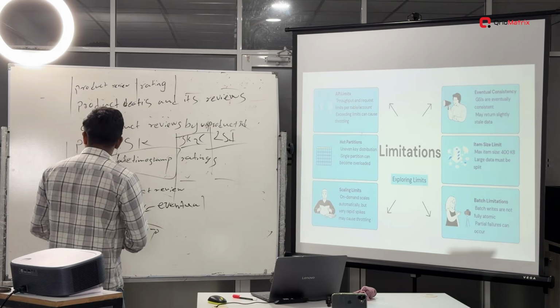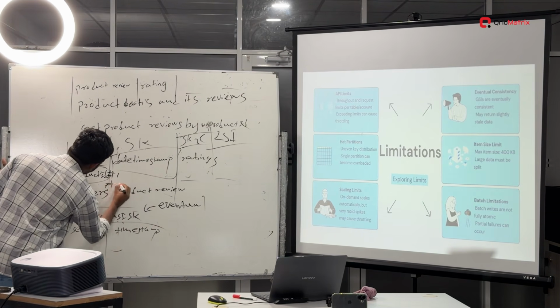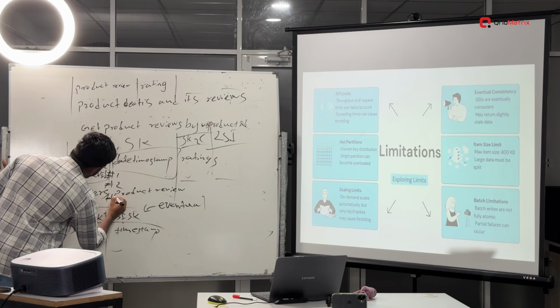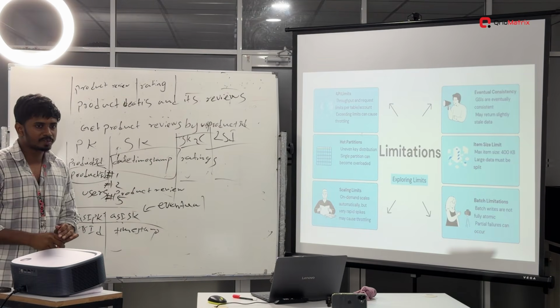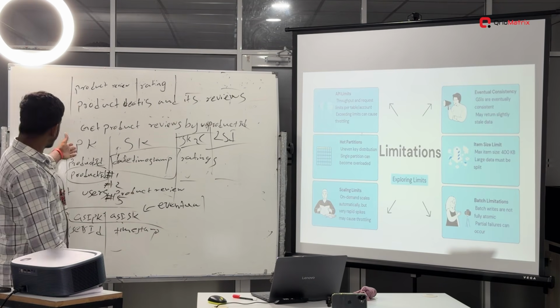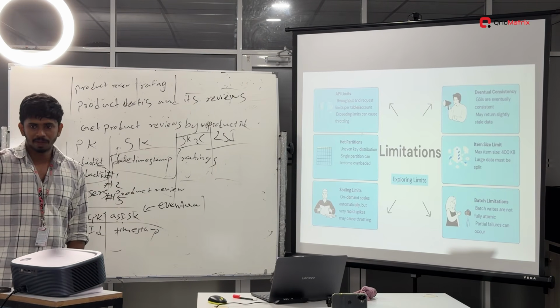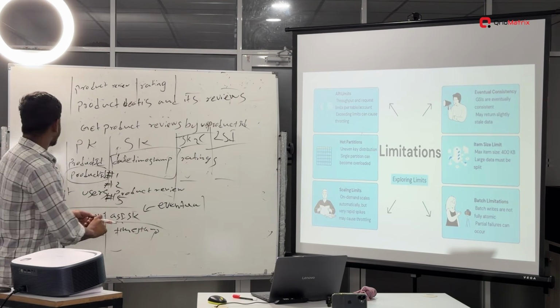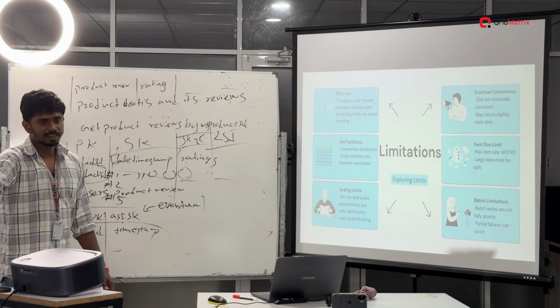It will be like product ID hash 1, then product ID hash 2, likewise until 5. How many partition keys will we have? 5. One partition can have 1000, so 5 partitions can handle 5,000.